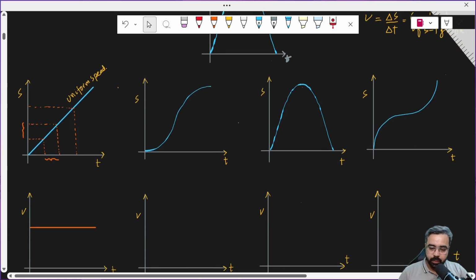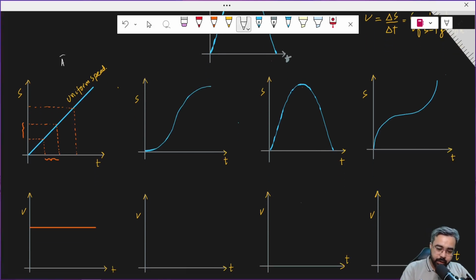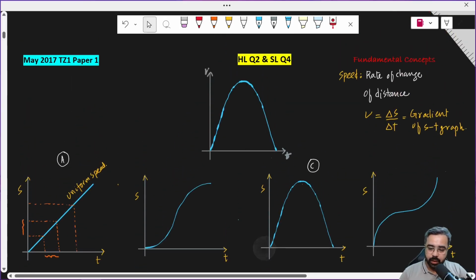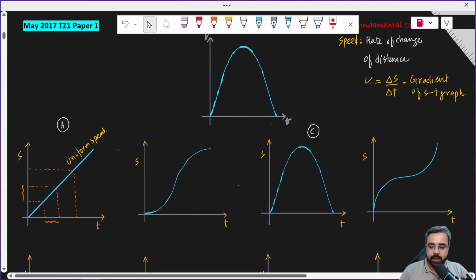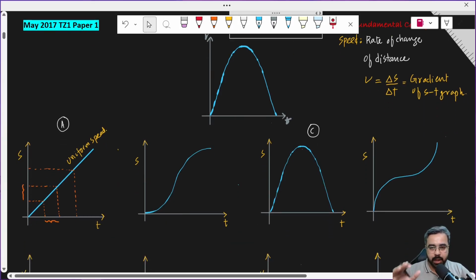Now after A, we will go directly to C. Remember one thing, if you have variable speed, like this is the shape of the graph, a parabolic shape, we can never have the distance time graph in the same shape.